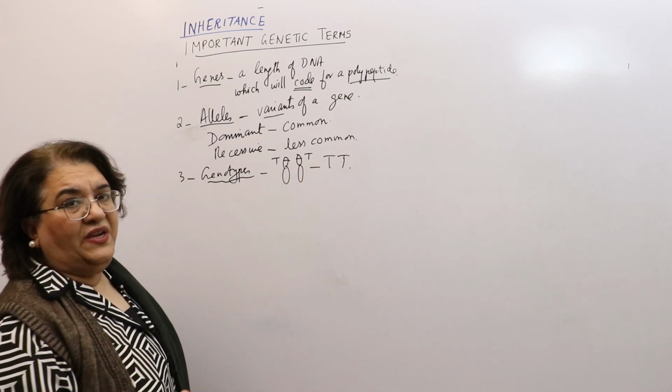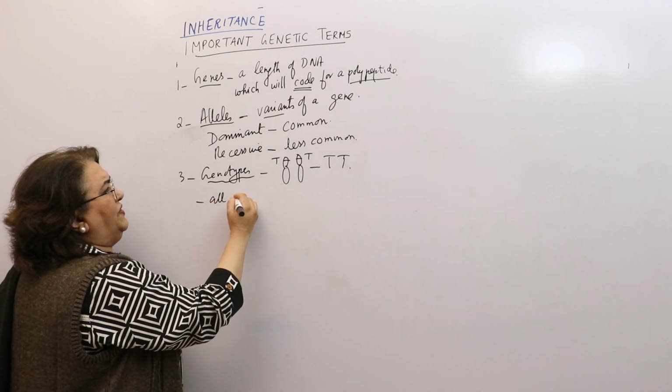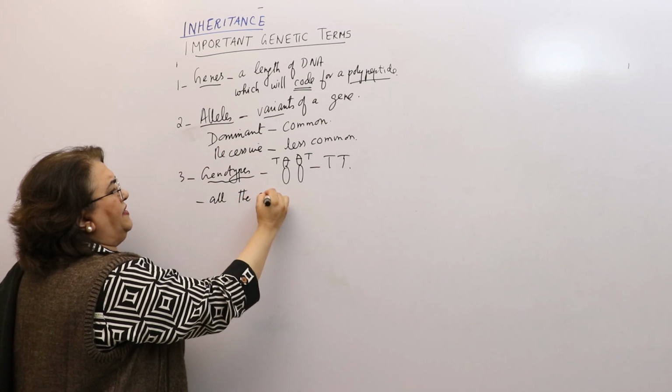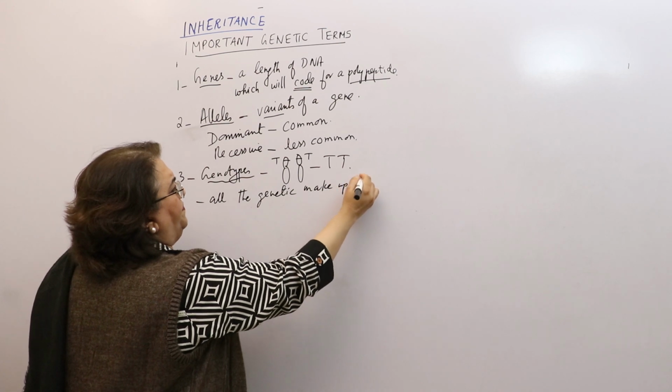But the exact definition of a genotype is the genetic makeup of an organism.